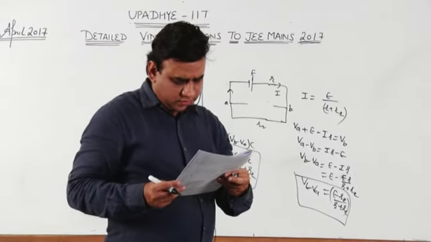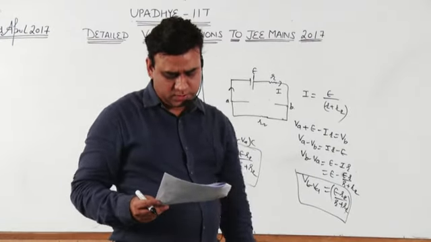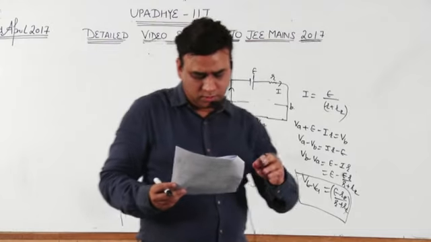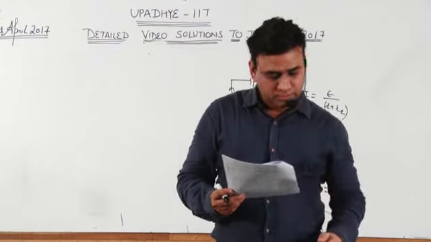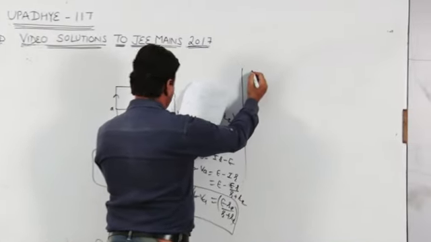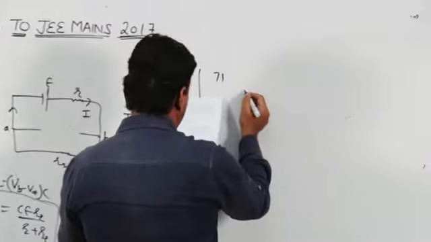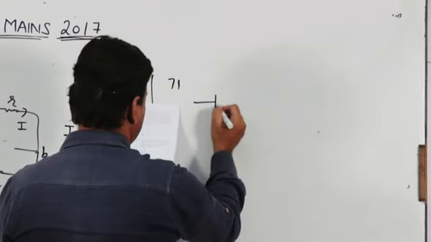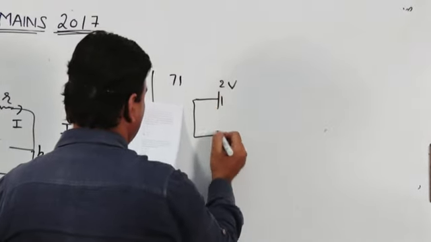One more question, it was given 71. Basically it was based on the conceptual part only. If we see the left part of this circuit, it is given 2 volt and 2 volt.